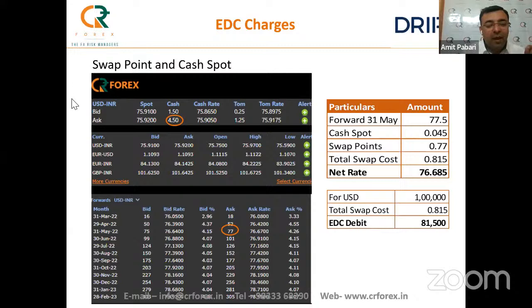For safety, when we tell our clients who are dealing with a few PSU banks, when you are utilizing a forward contract, you must take a screenshot of the CR Forex screen and keep it with you so that there is no ambiguity while you are negotiating with the bank. And we definitely have historical rates available also at the CR Forex portal.